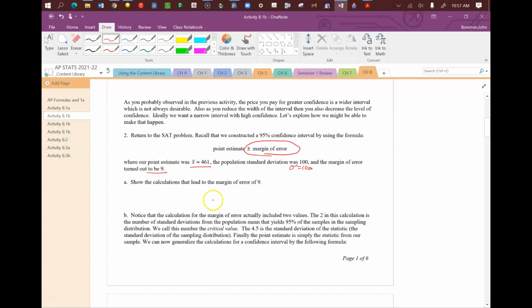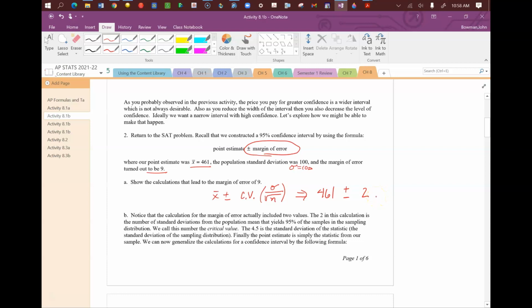So x bar plus or minus what is called the critical value, how many standard deviations we're going in each direction based on the level of confidence, times the standard deviation of the sampling distribution, which is sigma of the population over the square root of the sample size. So that translates to 461 plus or minus 2, because we're going 2 standard deviations in each direction because of the 95% level of confidence.